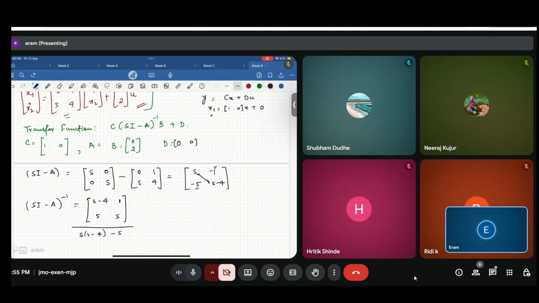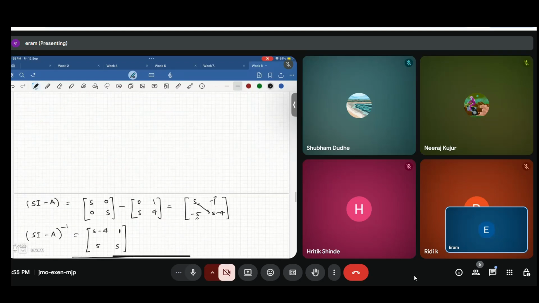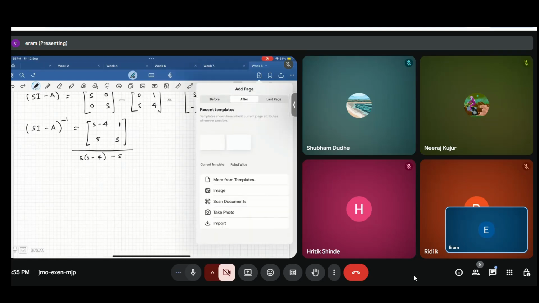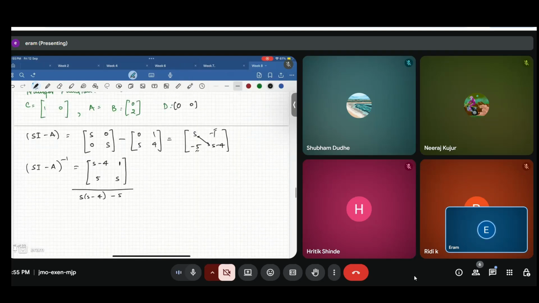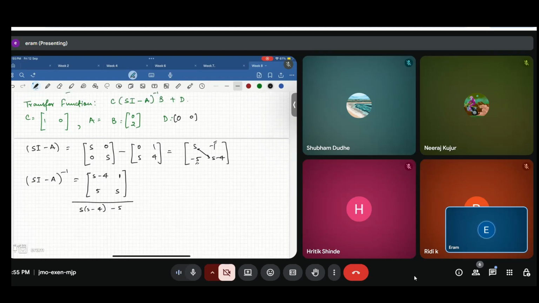Next, we have to multiply it with C. So if we do C times (sI minus A) inverse, it is 1 0 times s minus 4, 1, 5, s, and we divide by s square minus 4s minus 5.